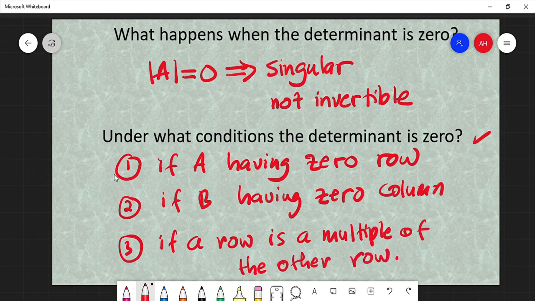These are the conditions that will make the determinant equal to 0. Number one, whenever we have a 0 row, then the determinant is equal to 0. Or maybe we have a 0 column, then the determinant becomes 0. Or we have one row that is a multiple of the other row. That will make the determinant 0 also.